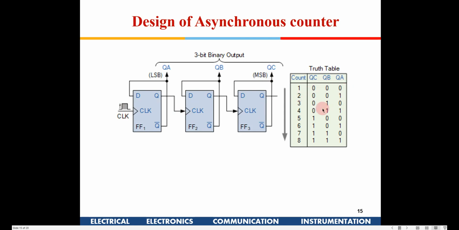So it will count sequentially from 0 to 7. This is another form of counter, known as asynchronous, because it is not the same clock which is given. The clock of Q of one stage is given as a clock to the next stage.